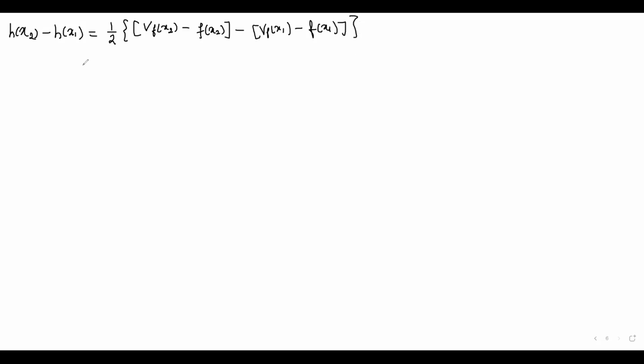Now again rearranging these terms, we get 1 by 2, in bracket, variation of f over x2 minus variation of f over x1, minus f of x2 minus f of x1.